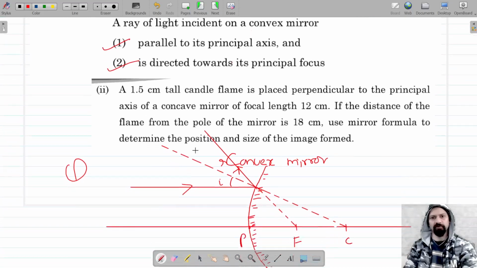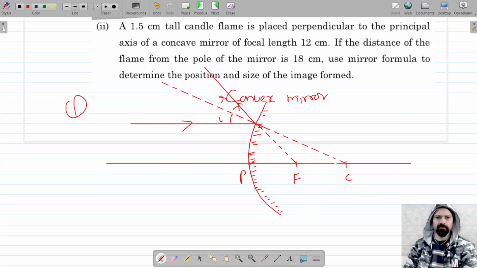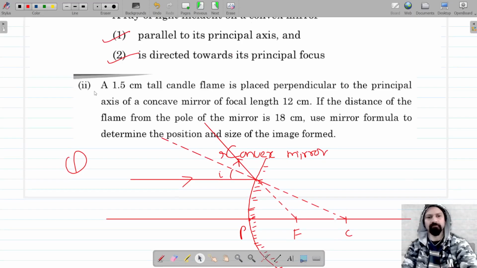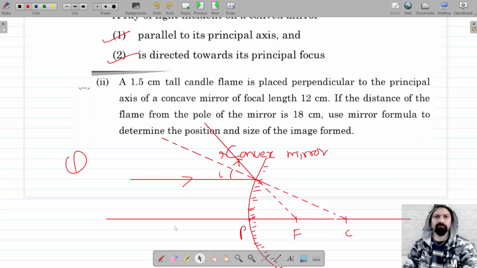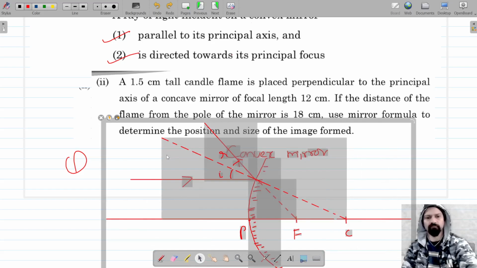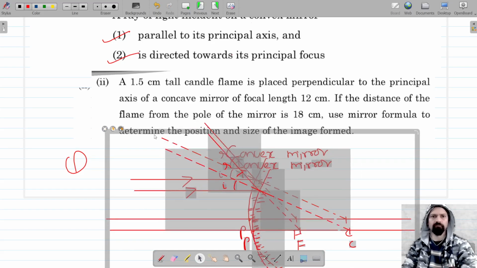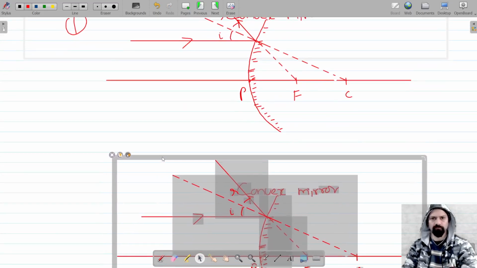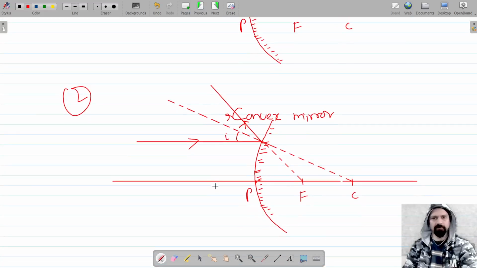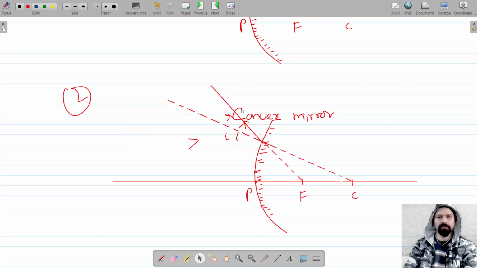Second one is directed towards its principal focus. In the second one we will direct the ray towards the principal focus. This is ray diagram 2. The ray of light is directed towards the principal focus.